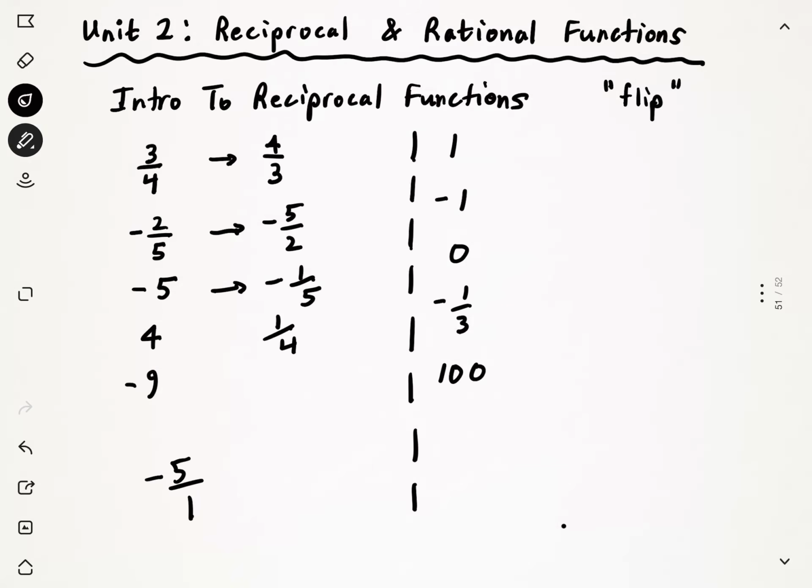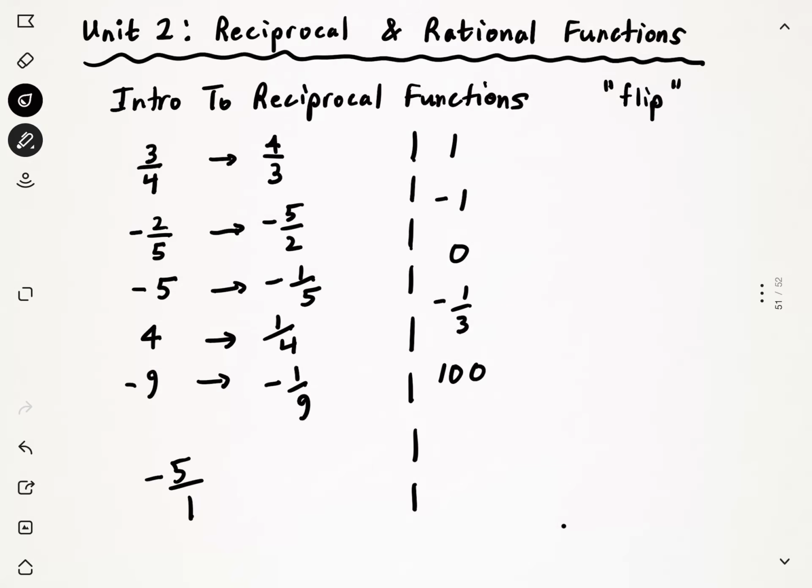So positive 4, you flip that over, you get positive 1 over 4. Negative 9, flip that over, and you get negative 1 over 9. So you can see that the reciprocals of positive numbers are still positive numbers, and the reciprocals of negative numbers are also negative numbers.